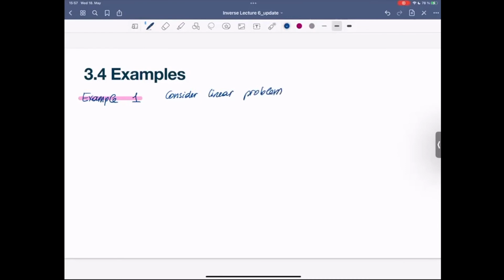So we say that 2m equals 4, and obviously m should equal 2, but let's make the calculation step by step.